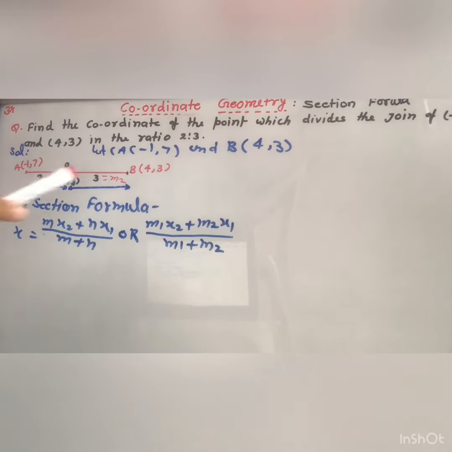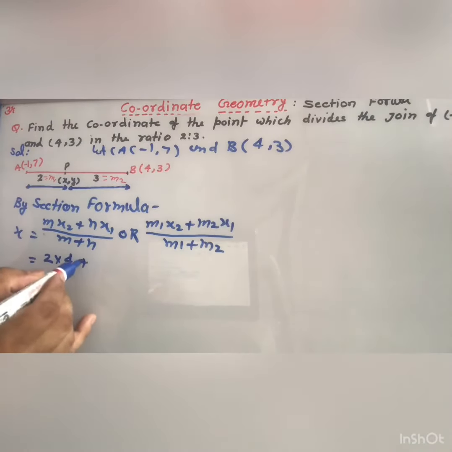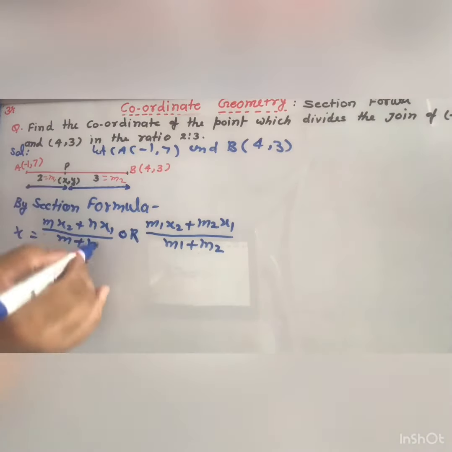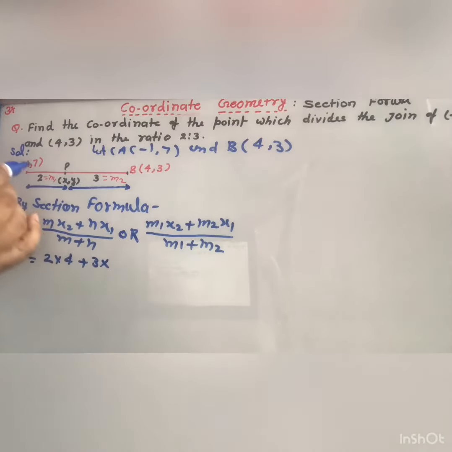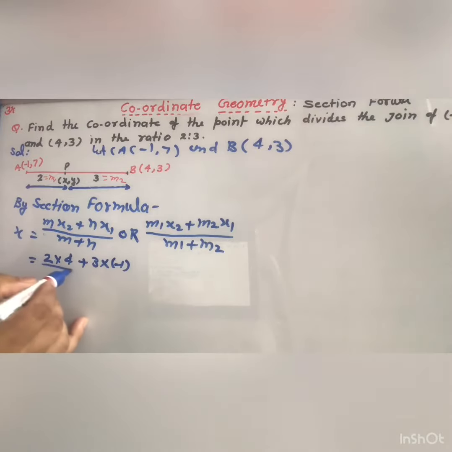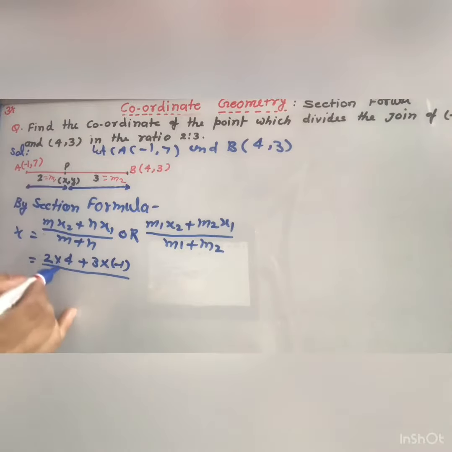Okay, so you will substitute these values in the given formula. Then what do you get? m is 2 into x2, that is 4, plus n, that is m2, is 3 into x1, which is -1, divided by m1 plus m2, that is m plus n, 2 and 3.